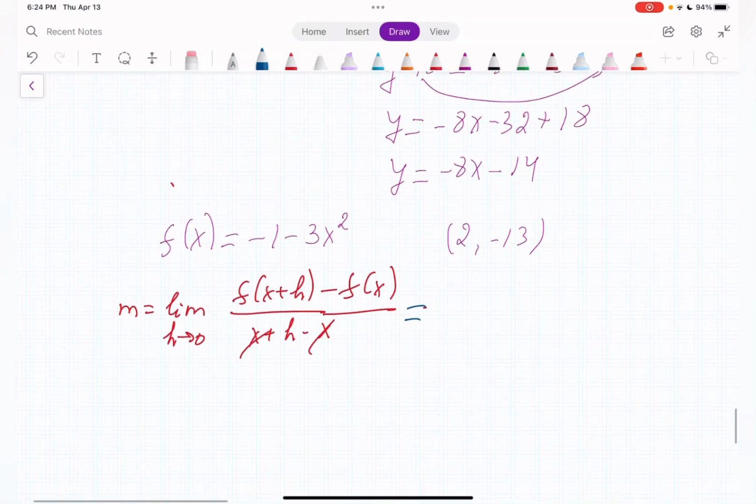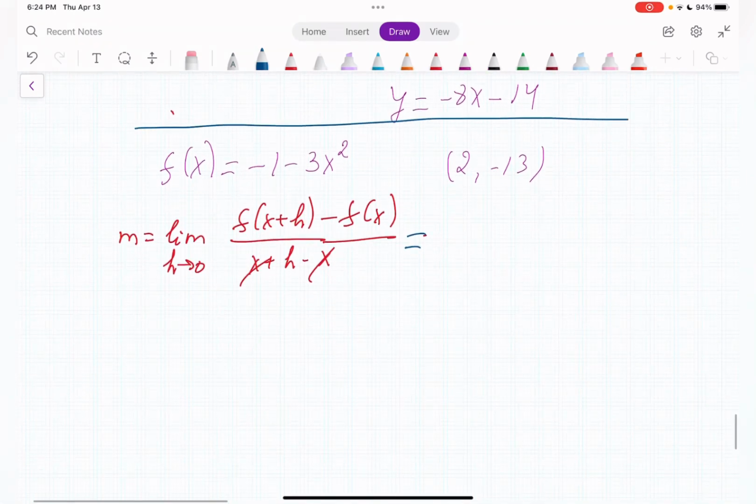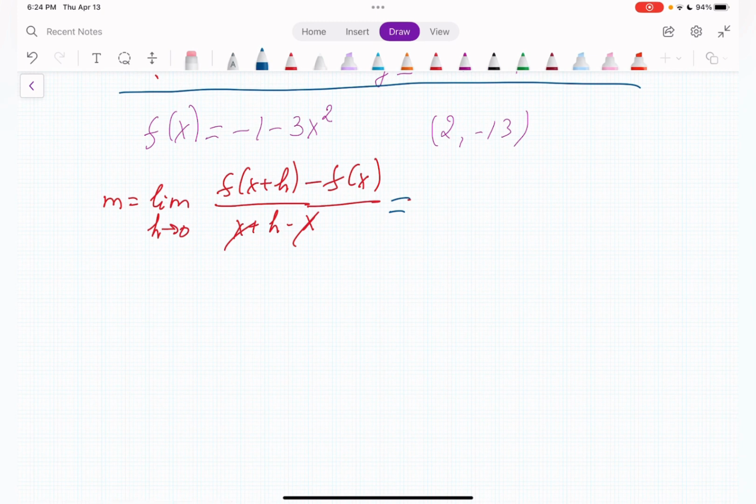So this is our problem. Instead of x, I'm going to plug in x plus h, and x gets replaced with 2, because this is the value of x, and this is y. So it's going to be negative 1 minus 3 times, instead of x, I'm replacing 2, so I have 2 plus h, squared.